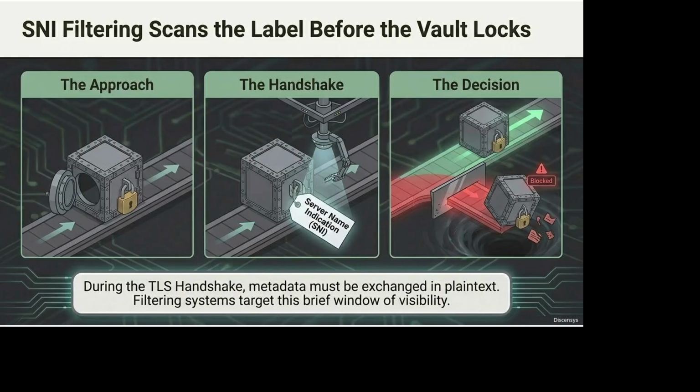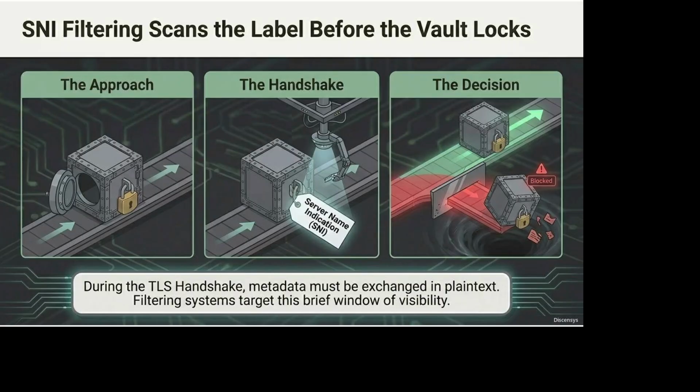For example, Netflix.com: the system sees the label and blocks the connection before encryption starts. Now this is somewhat like a courier company rejecting the parcel after reading the destination label, right? So you could see the approach, the handshake, the decision. Unwanted things are rejected and wanted things are accepted.